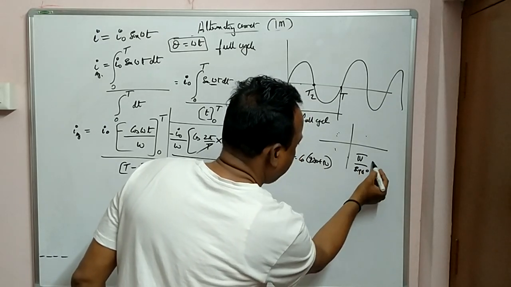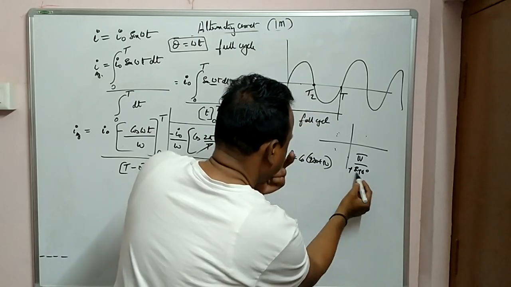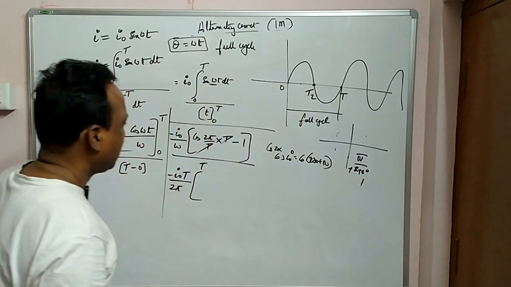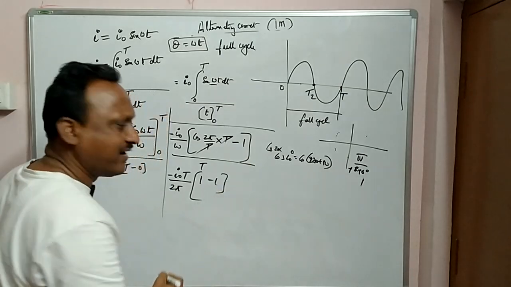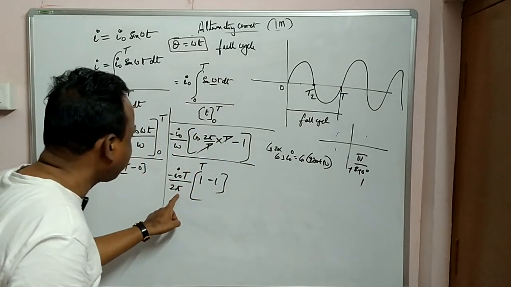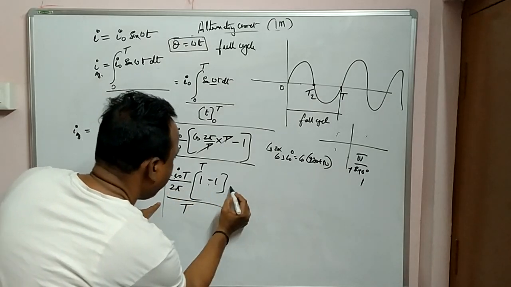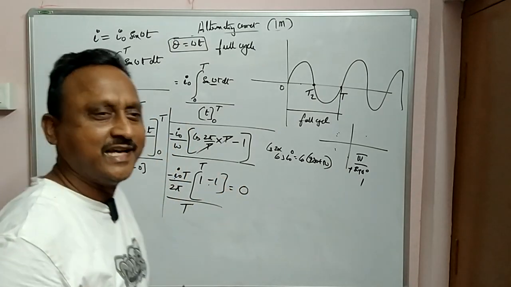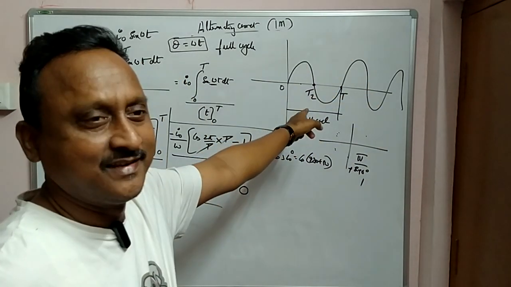Cos and secant theta are positive here, so plus sin 90, and sin 90 is 1. So 1 minus 1, what is the value? 0. 0 into this thing, even though you have t in the denominator also, 0 into this thing is 0. Clear? Therefore I average for full cycle is 0.